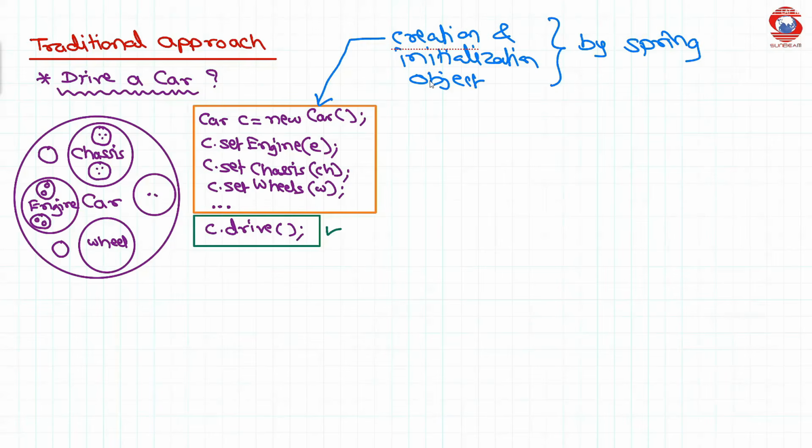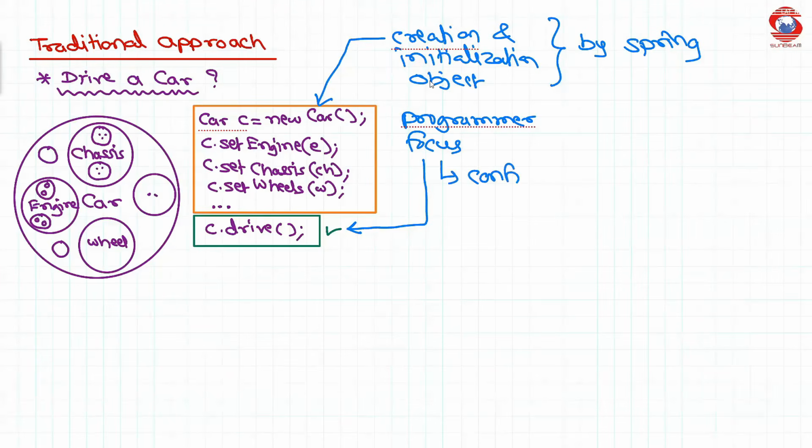Being a programmer, the programmer should now focus only on calling the business logic, and to be frank, also on the configuration part, because Spring is going to create the object based on the configuration you have provided.